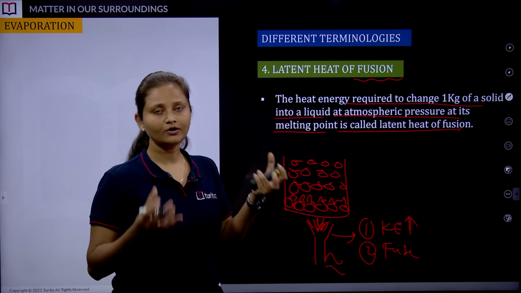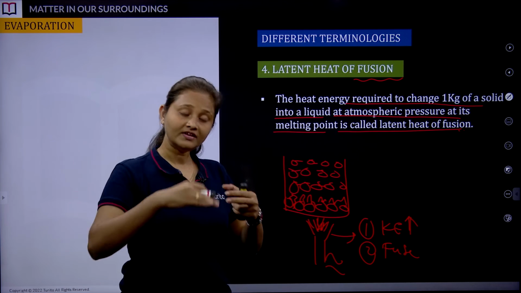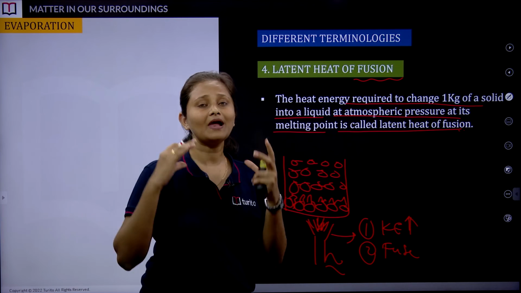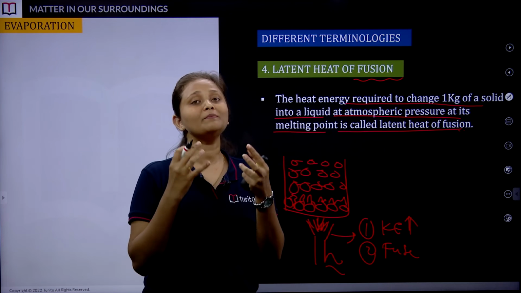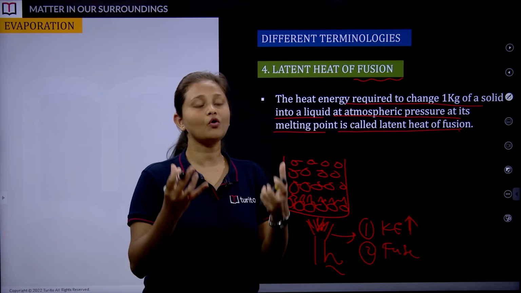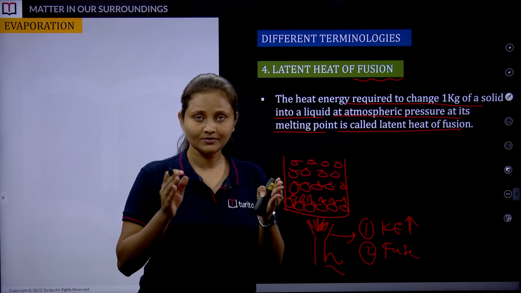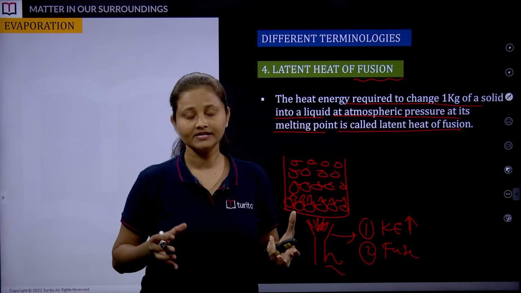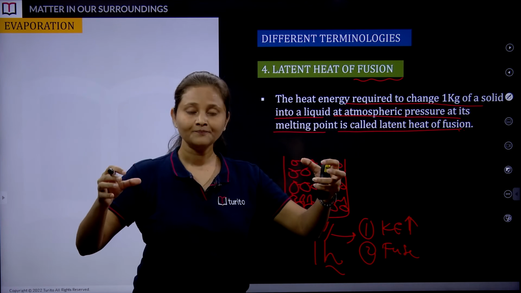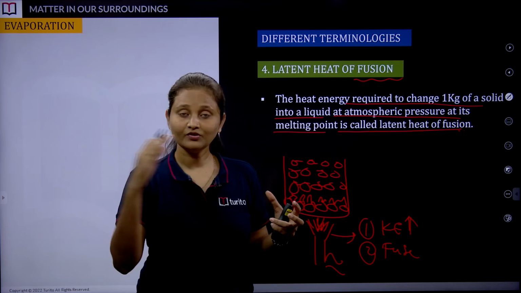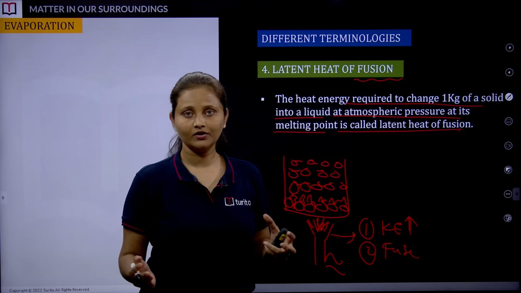Firstly they get extra charge, and then we continue the supply of heat. What is the role of that extra supply of heat? It is going to fuse the bonds in the particles, and that's why there will be more space among these particles, and that's how the shift happens from solid to liquid.